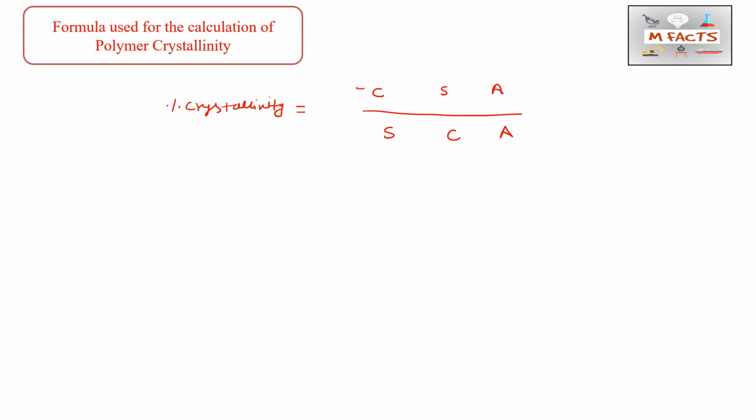I will put rho everywhere. So after putting rho, this becomes rho C, rho S, rho A, and this is rho S, rho C, rho A. Now I will put a bracket after the first term: rho C, then close the bracket. In the same way, in the denominator I will put brackets: rho S, rho A.